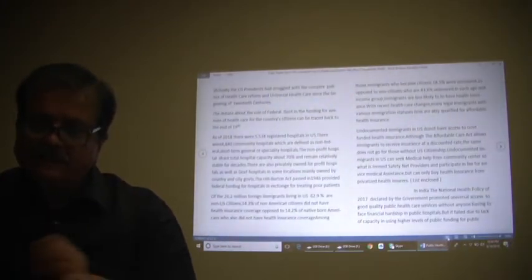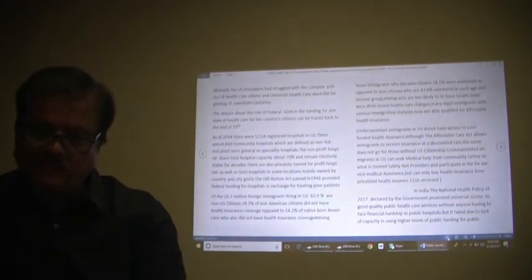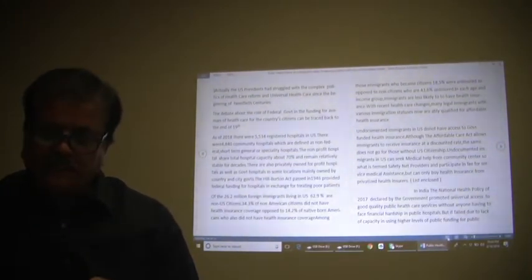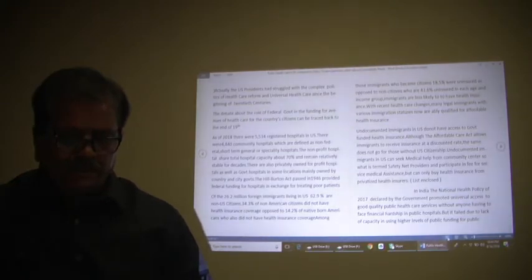Medicare provides coverage for hospitalization, physician services, and a voluntary supplementary program, prescription drugs, etc. And of course, the very important aspect here is the cost sharing and out-of-pocket spending by the insurance holders.